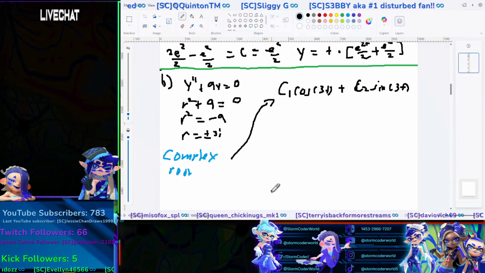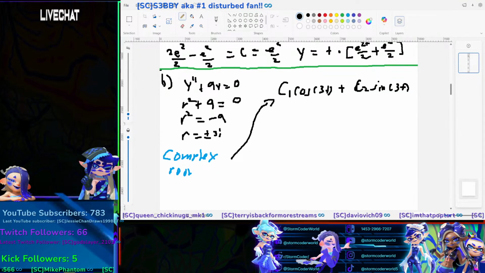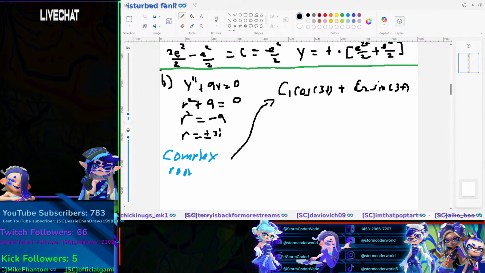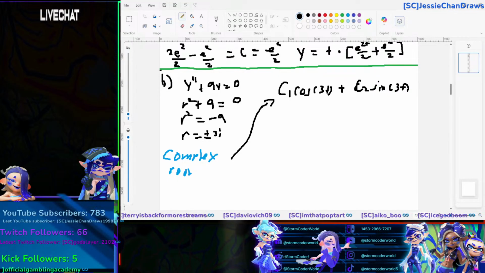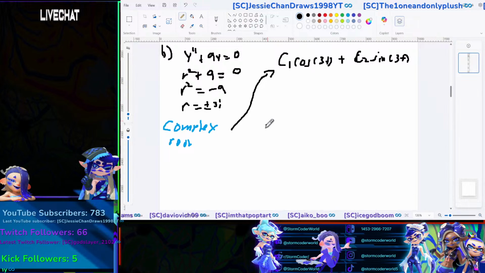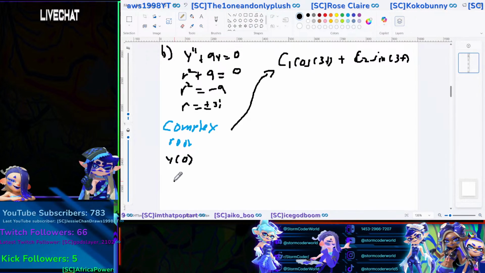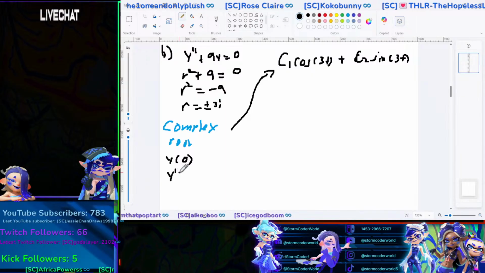Now, the goal here is to figure out a number. So I have two numbers here, y0 for both the first and second, for the original equation and the first derivative. So let me write down those rules here: y of 0 and y first derivative of 0.